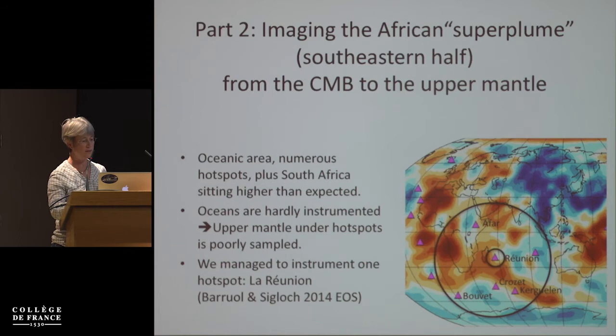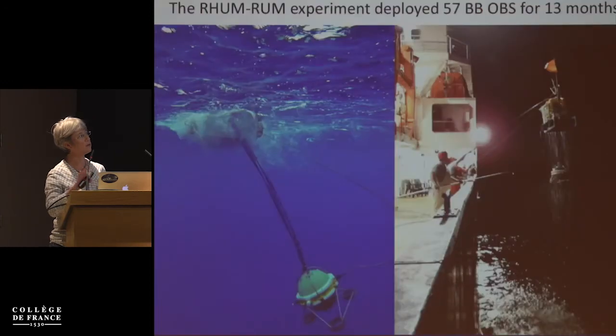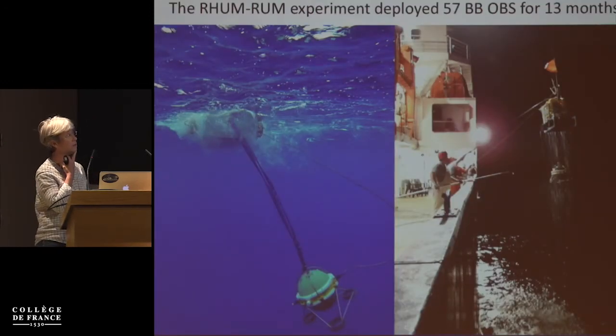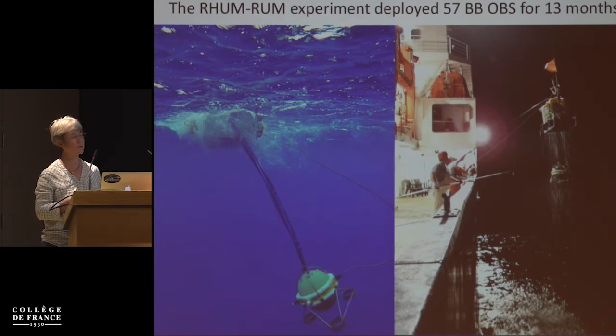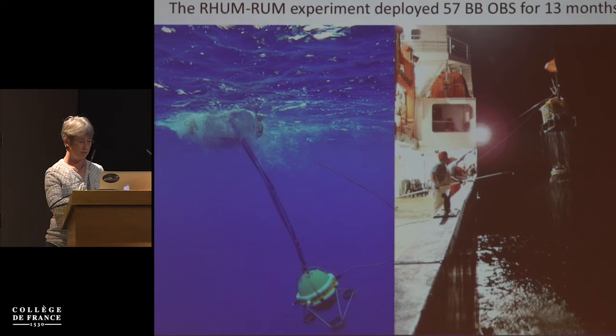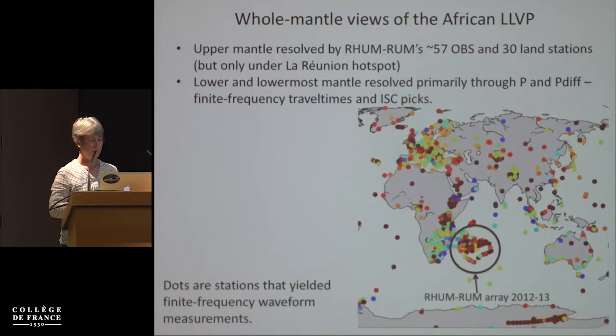In this case, we got a dedicated experiment to instrument 2,000 by 2,000 kilometers around this hotspot, La Réunion. And it means you have to work with ocean bottom seismometers, which is a lot of effort, and also the data are more challenging. So that's what the experiment looked like.